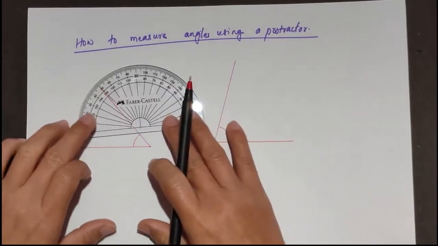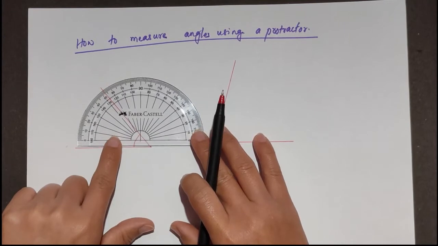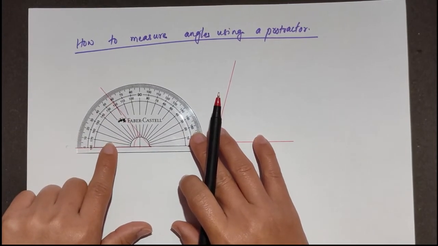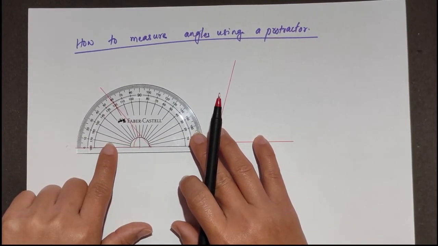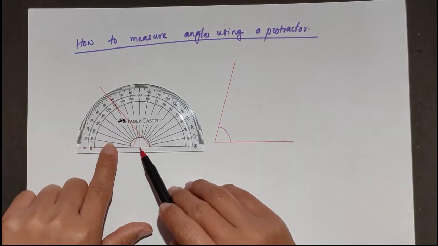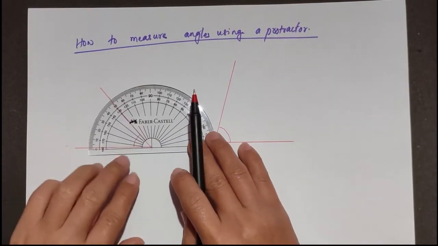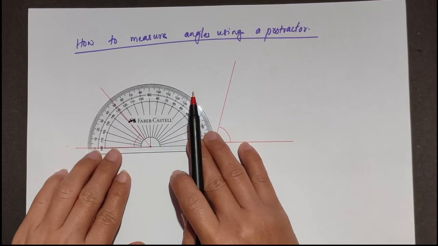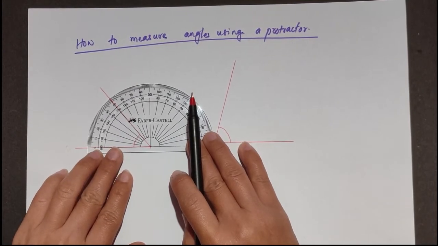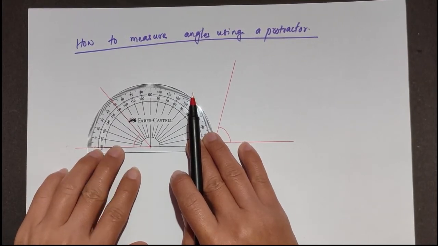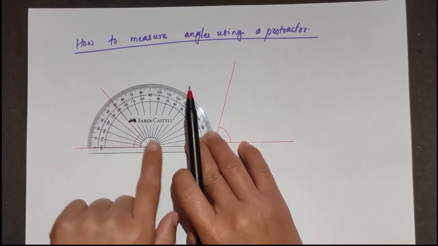So let's do it. We place this protractor exactly on this line and then bring the center point exactly on the meeting point of this angle. We need to adjust it. Now that is done.